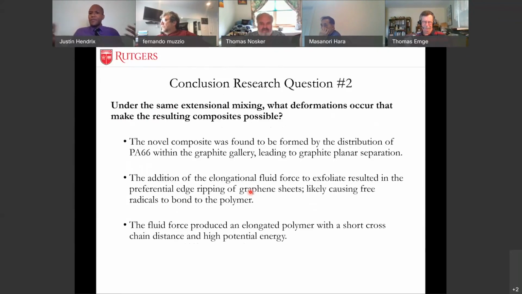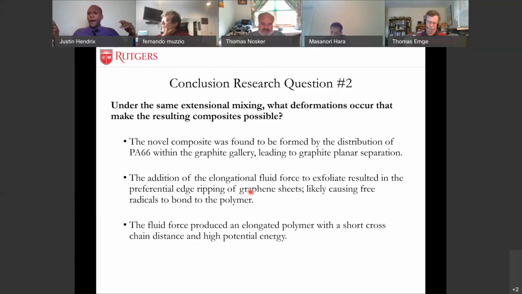Next, under the same mixing, what types of deformations occur that make the resulting composite possible? What changes? We see that the composite forms a distribution of PA66 in between the galleries of graphite, leading to one of the mechanisms for exfoliation, causing that planar separation, as well as resulting in preferential edge ripping, causing free radicalization, leading to bonding to occur.